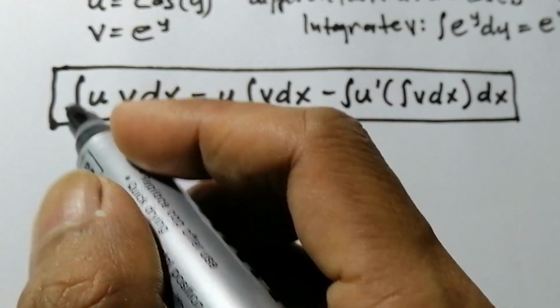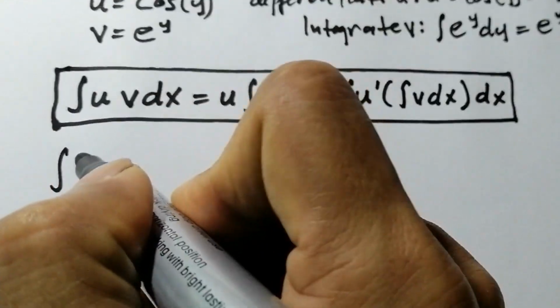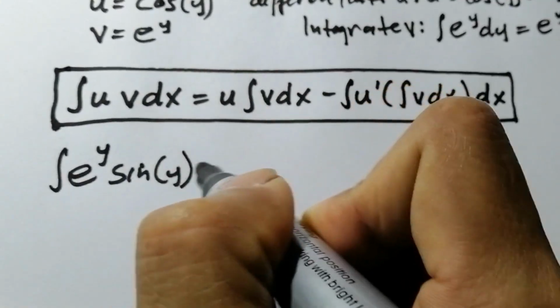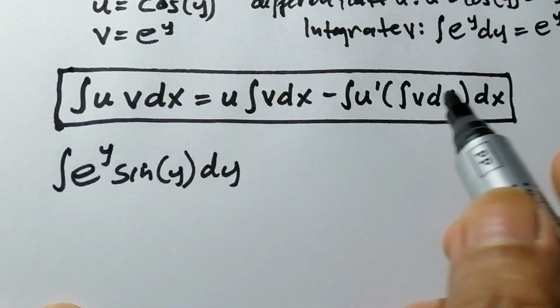Now we rewrite the original integral, e raised to y times sine y dy, using this form.